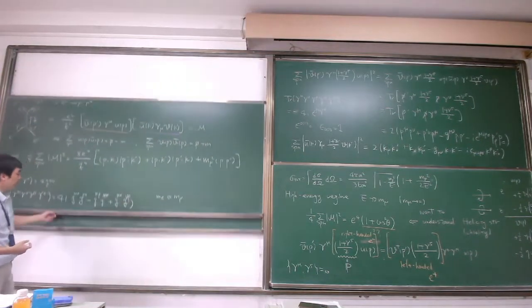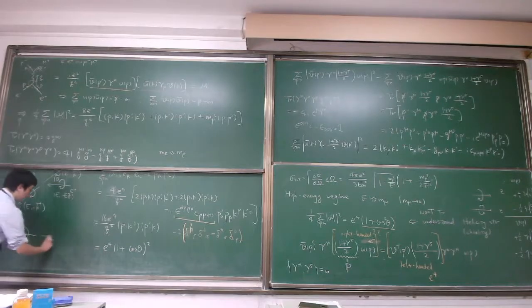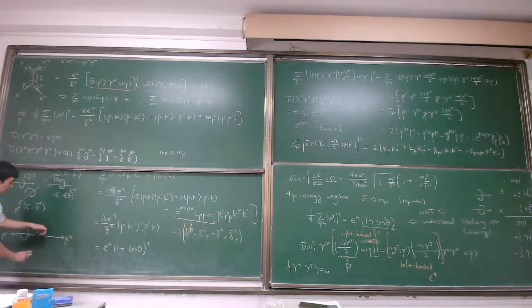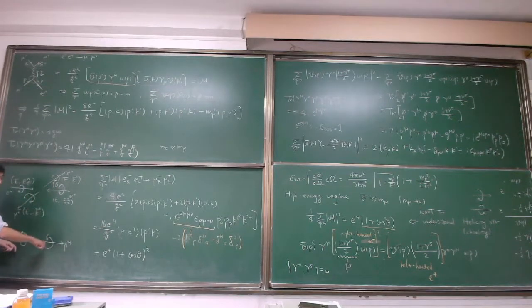Which means that the mu minus is right-handed, so it goes the opposite way, and the mu plus is left-handed. So this process has amplitude 0 because it doesn't preserve the angular momentum spin. Do you understand?